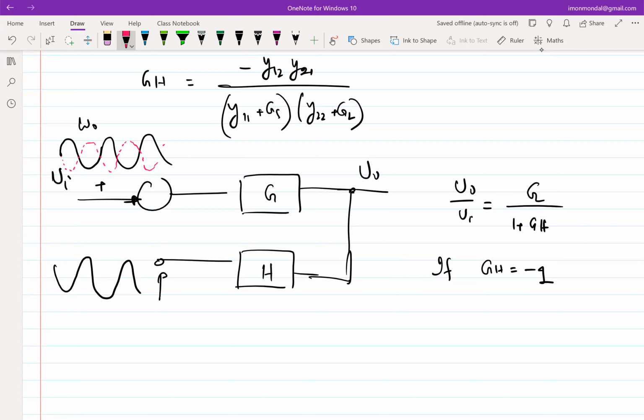Now note that there was a sign inversion happening when it was going to this summing block, right? Plus and minus. Again, what I'll do, since the sign inversion is difficult to understand, I will do the inversion here.